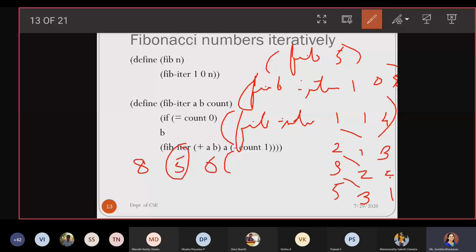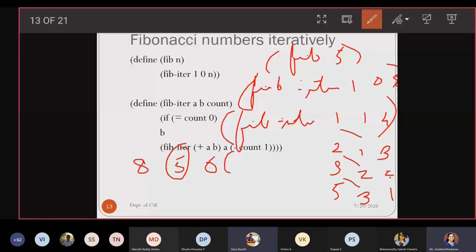Okay, so what type of process is it going to generate? By seeing this, what type of process is it generating for this Fibonacci procedure? Just by seeing the structure, we can make out, right?